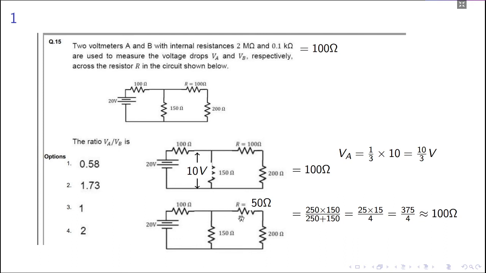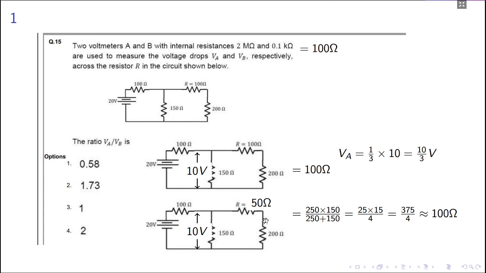So in this case also, the net resistance here is almost equal to 100, and there is 100 here, and that will be in series with another 100. So that means 20 volts is given, so 10 volts will drop here, 10 volts will drop here. So the drop across these 2 points will be 10 volts. But here the difference is that this time there is a 50 ohm here and 200 ohms here. So the voltage drop here will be 4 times of this.